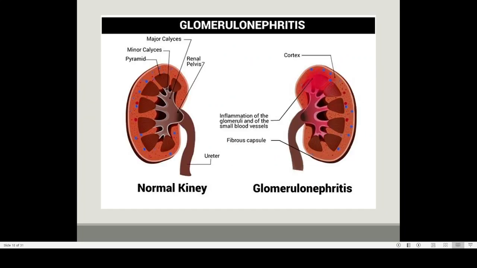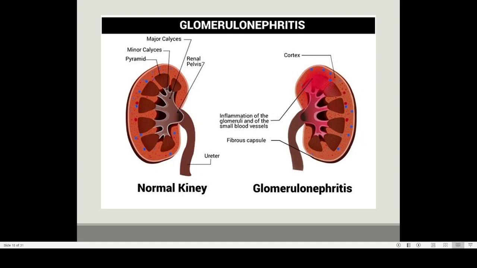Now here you can see a normal kidney, and what happens in the case of glomerulonephritis. This portion will be completely damaged. The primary function of the kidney is to remove waste material from our blood and other body fluids and expel it in the form of urine, which mainly contains ammonia and urea.